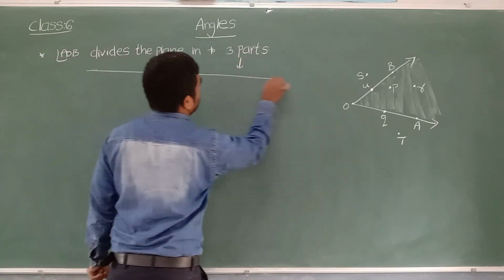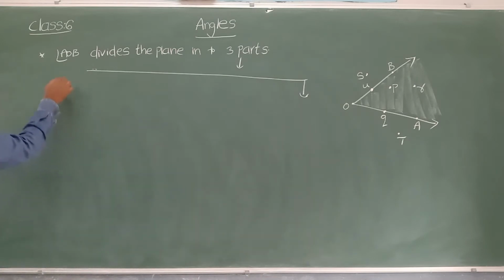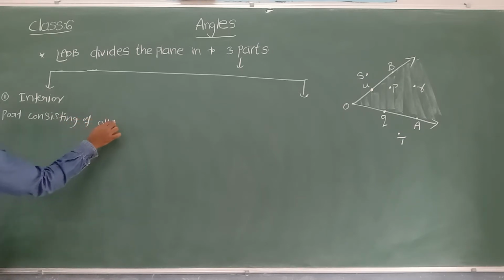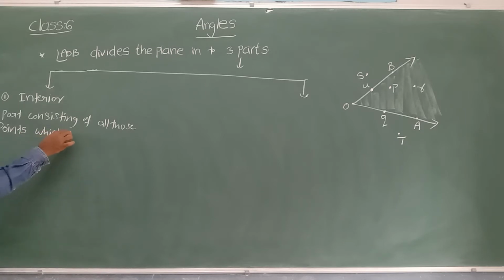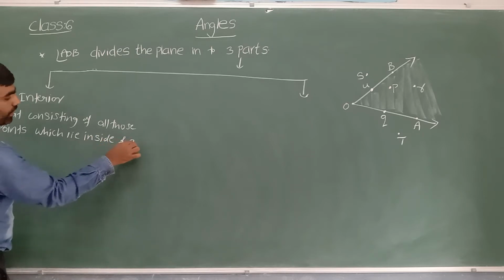So in that 3 parts, what can we write, beta? One is interior. Sir, what is meant by interior? Inside. Yes, we can write here the part consisting of all those points which lie inside of the angle.